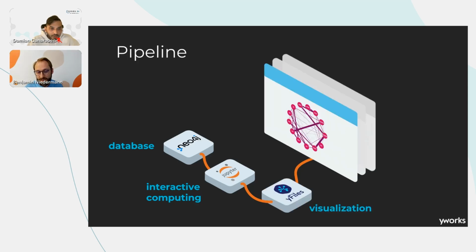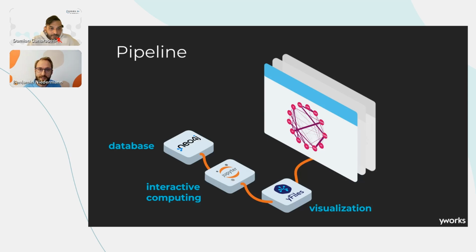And to that end, we took our SDK, the main product of yWorks, which is basically a software development kit for creating graph visualizations automatically, and developed a component for Jupyter Notebooks that you can freely use to visualize your data.